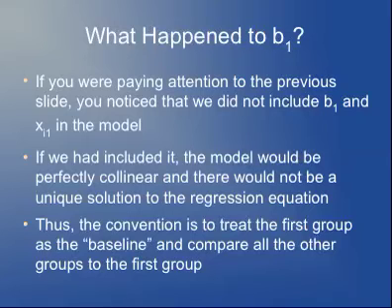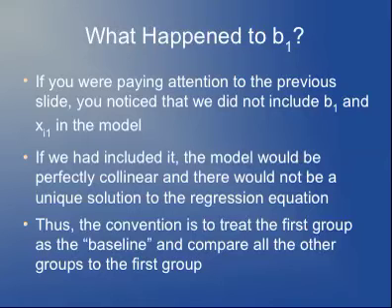Well, that's because, as you'll recall, we talked about this problem of multicollinearity and the fact that if one column of your regression matrix is a linear combination of the other columns, then there's no longer a unique set of regression coefficients. There's an infinite number of coefficients that will give a perfect fit to the model.